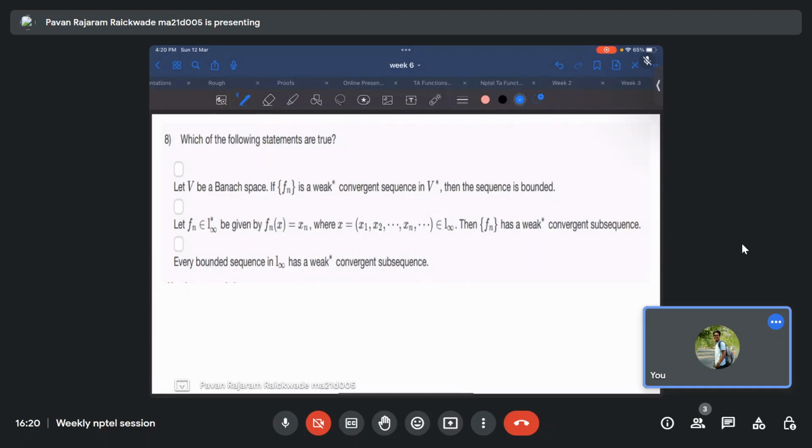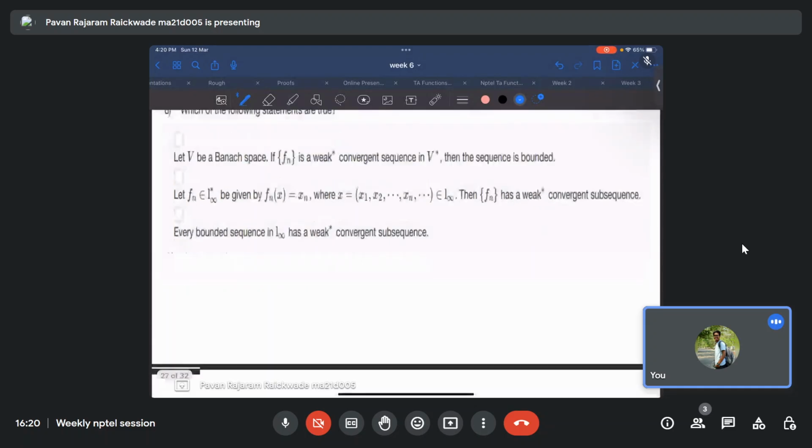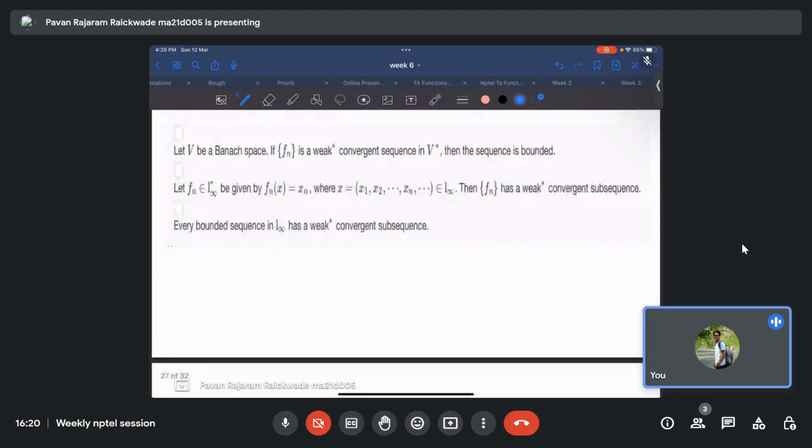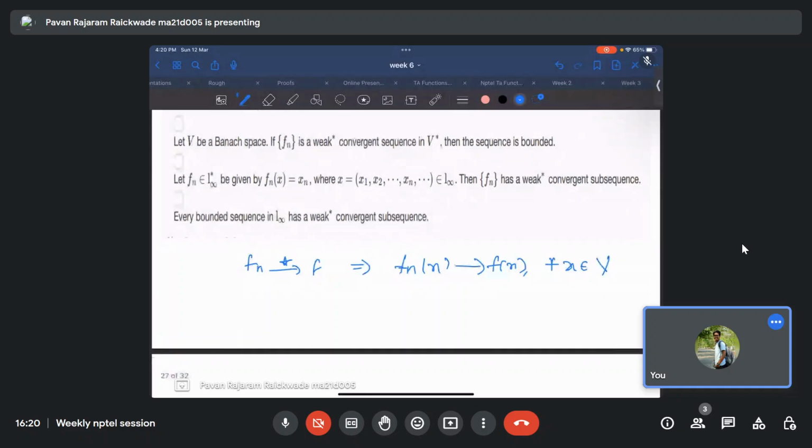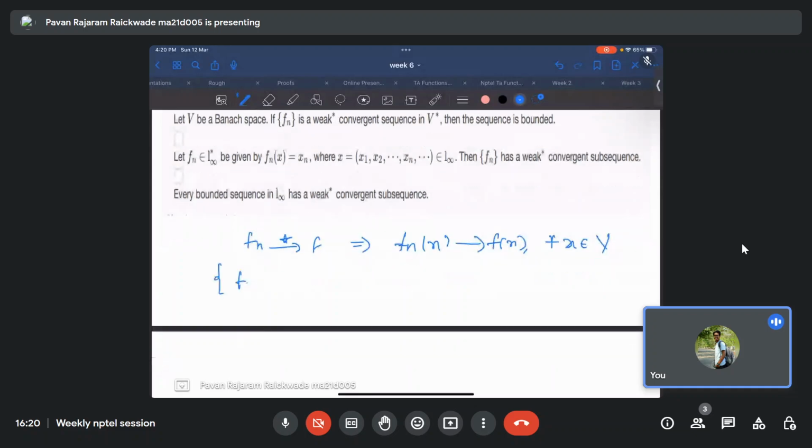So what we have is V a Banach space, and Fn is weak star convergent. That means Fn converges to F star. We have seen just now that Fn converges to F in weak star topology means Fn at X converges to Fx for all X belongs to V, right? That means this family is pointwise bounded.